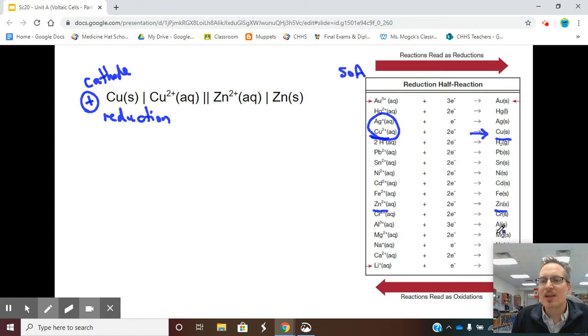Now, let's look over here. Again, we're going to the bottom right-hand corner, and I don't have the corner, so I'm going to write SRA here. Here is my strongest reducing agent, which means I'm going to copy my equation from right to left. So when I copy from right to left, zinc goes to Zn2 plus plus 2 electrons. Hey, I'm losing electrons. This is oxidation.